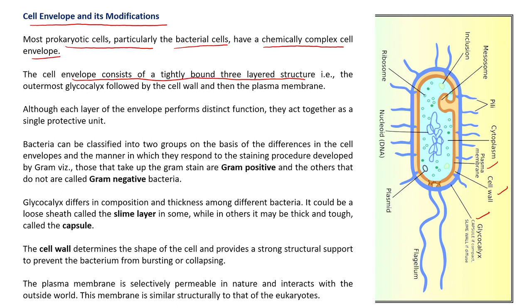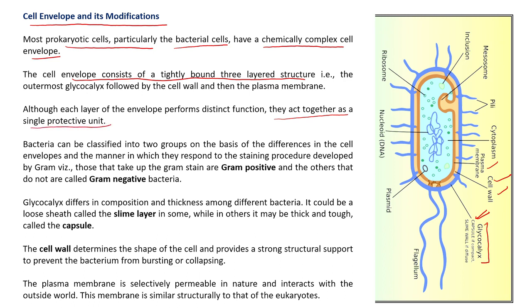The capsule is made up of glycocalyx, which forms the outer portion. Inside this glycocalyx there is the cell wall, and inside the cell wall there is a plasma membrane. These three layers have different functions, but they act together as a single protective unit.